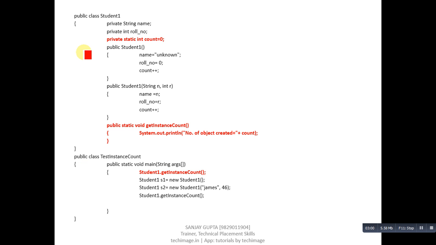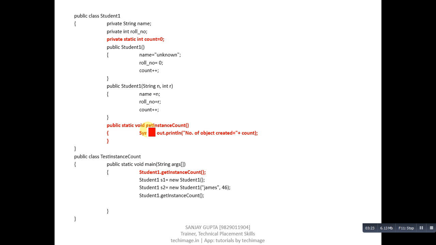You can see this example to understand static variables and static methods. This statement shows that the count variable is static. Then this constructor has count plus plus. This constructor also has count plus plus, and they are initializing attributes. These are constructors.